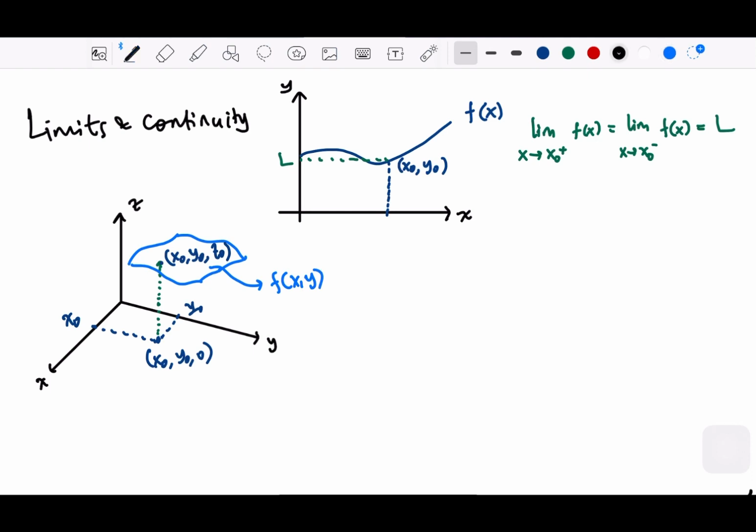So if we try to take the limit approaching x0, y0 of this function f(x,y), how are we going to do it? In original calculus, we can approach from the left or from the right. Now we have here the domain. How do we approach this point here, or this point here?